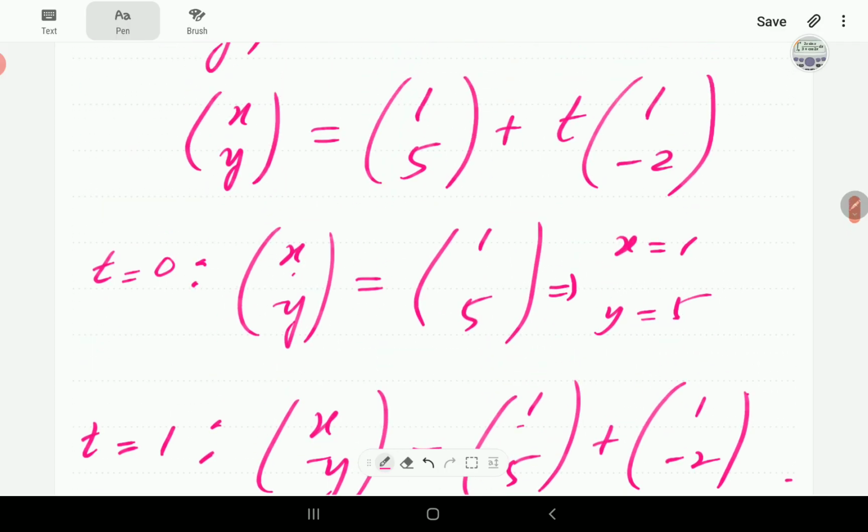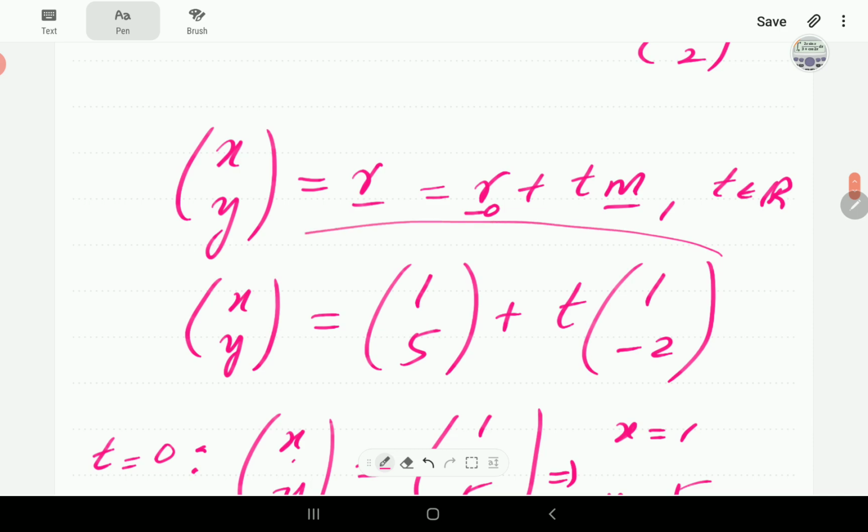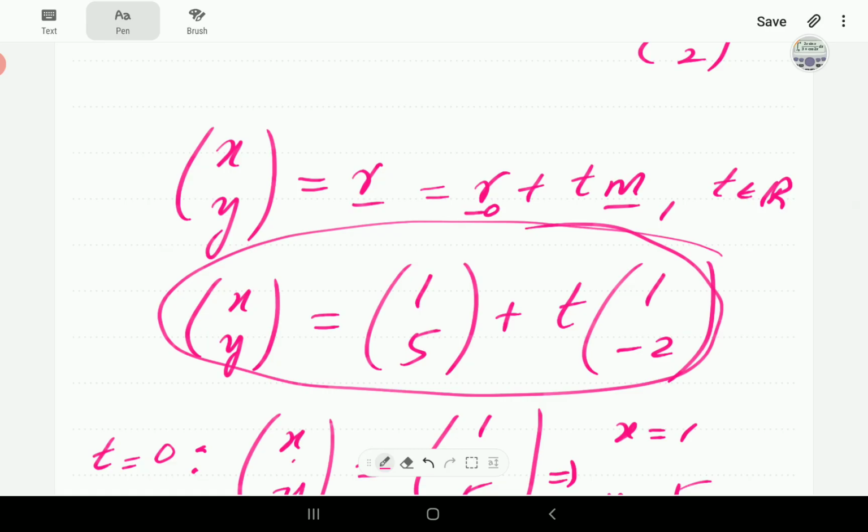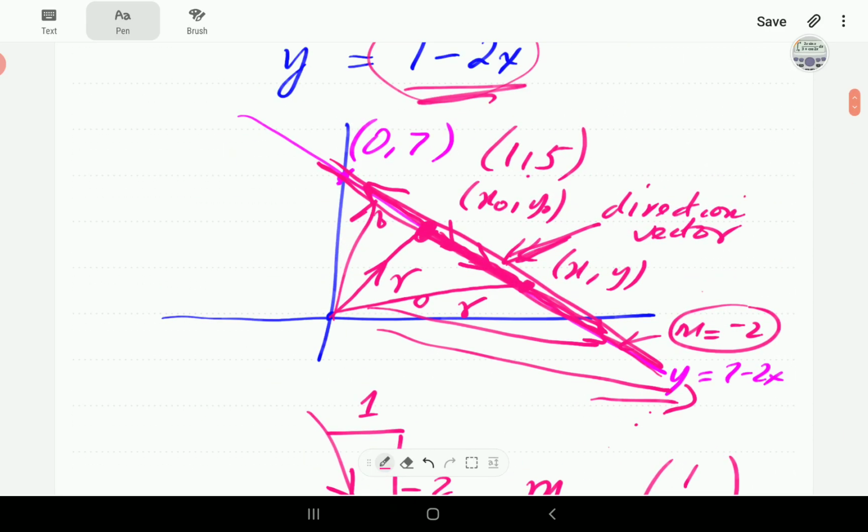Okay, so this is our vector form of the equation of this straight line.